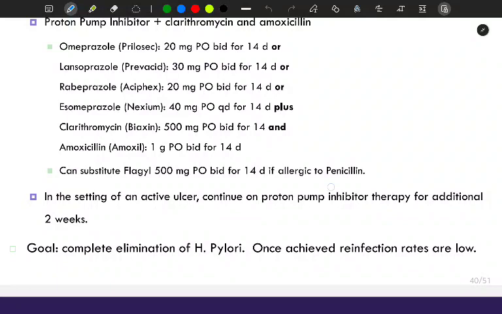Levofloxacin-containing therapy is the first nowadays, with amoxicillin. The treatment should range between 10 to 14 days. Why? They say the eradication in 14 days reaches around 91 to 93%, and in 10 days reaches around 88 to 90%, which is quite comparable.